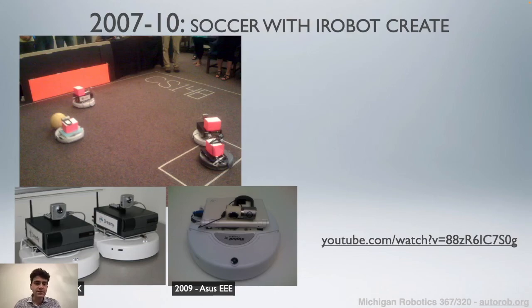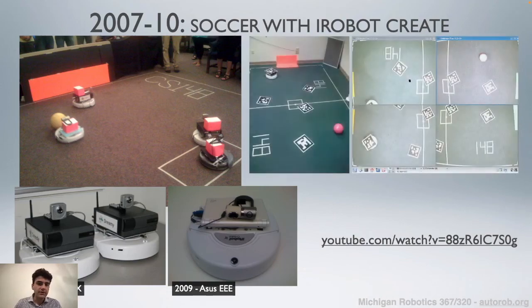And so really these iRobot Creates are very similar to the Roomba sort of vacuum cleaning robots that you may have seen. The only difference is that instead of having a vacuum cleaner, these robots have been modified to have relatively high powered computers that can perform the control and perception tasks.